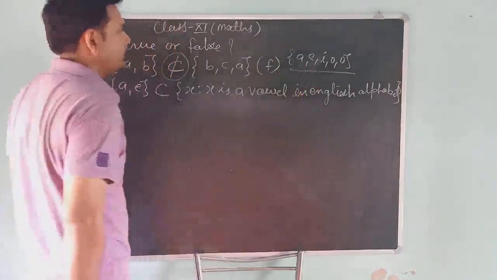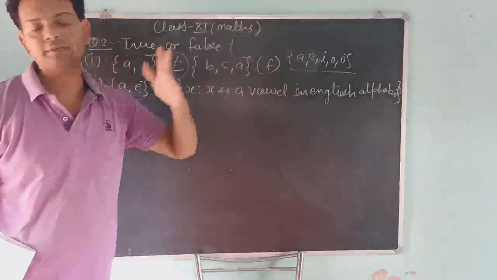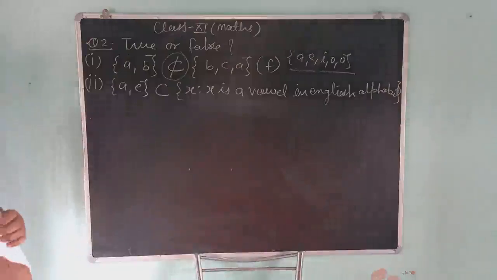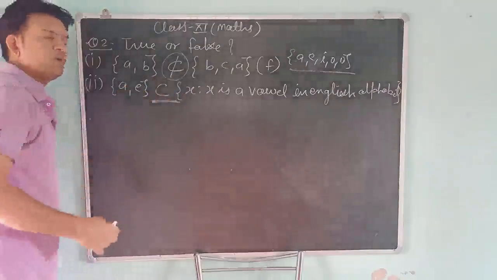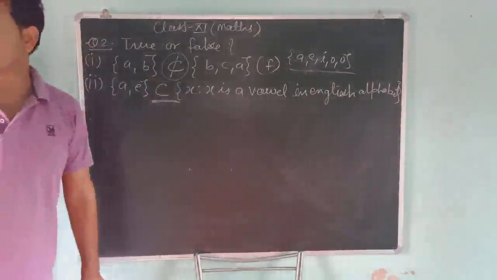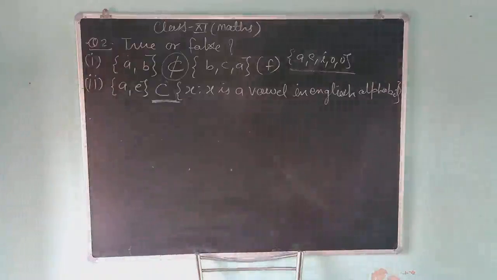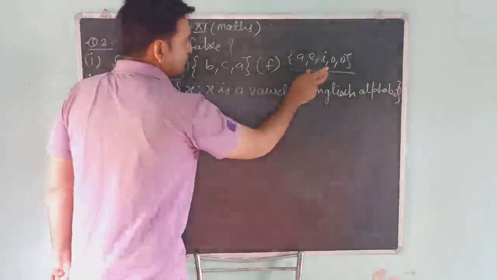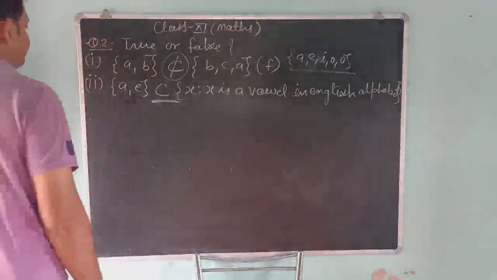So this set is the subset of the given set, and according to the question, we also have the symbol of subset, and all elements of the first set are situated in the second set.